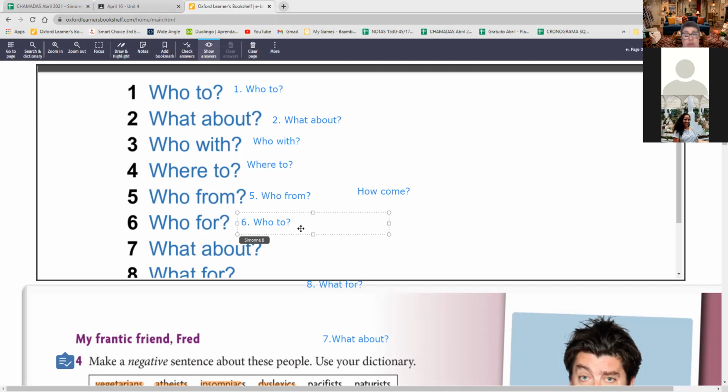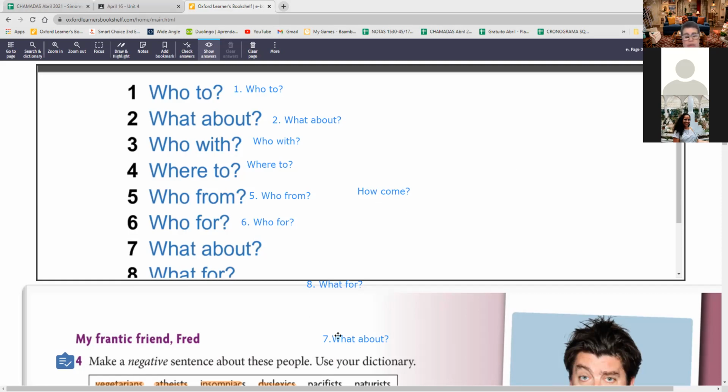I will check that for you guys to show you which one we should use more often, to or for, when I'm talking about buying something to give to a person, like a present, a card. So let me change here and I will search so I can give you the right information about which preposition is better.